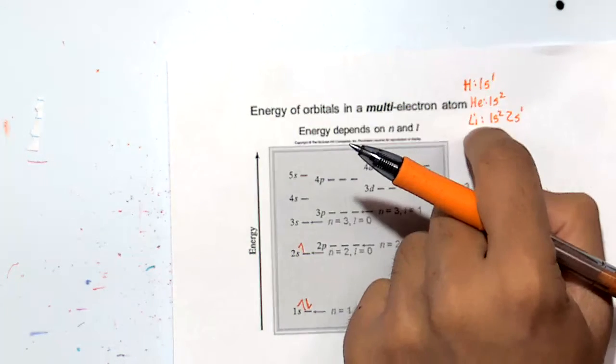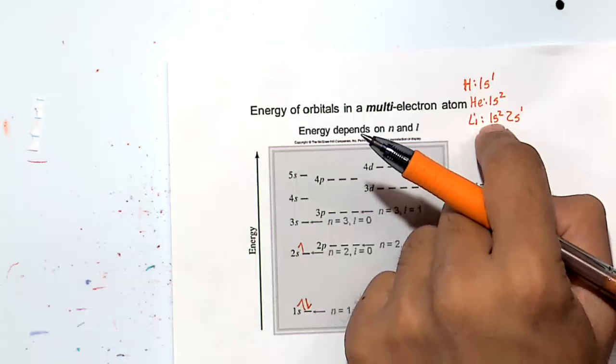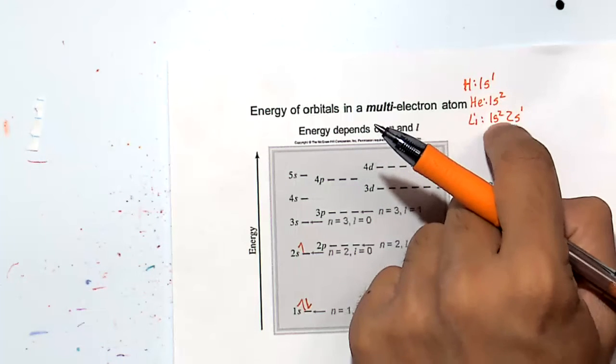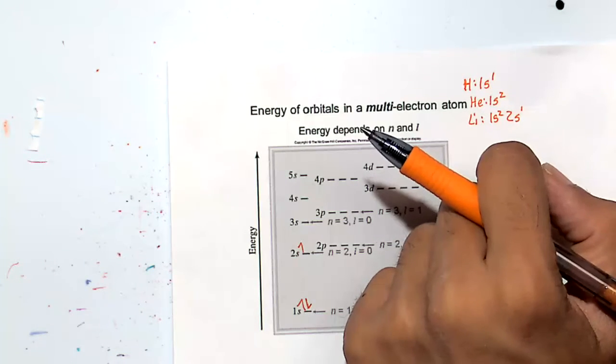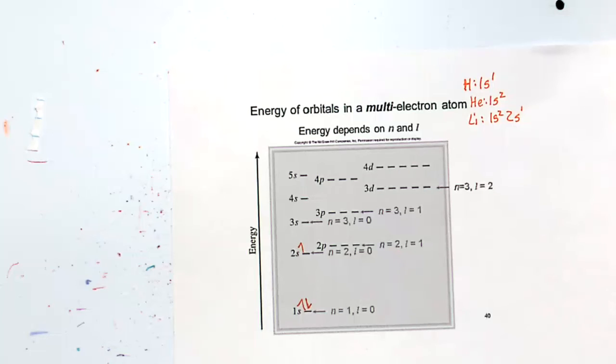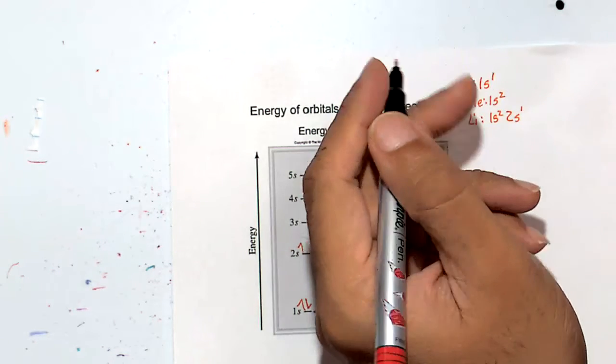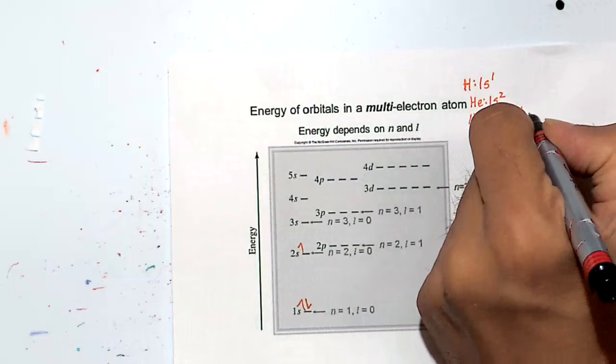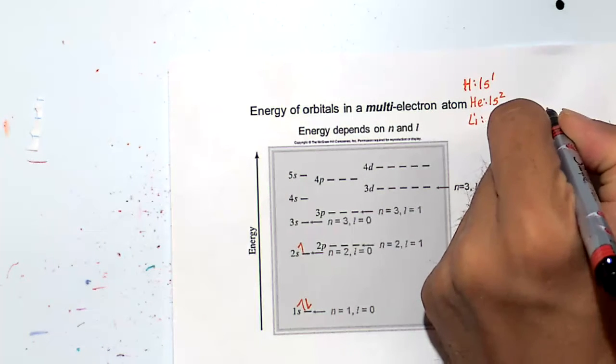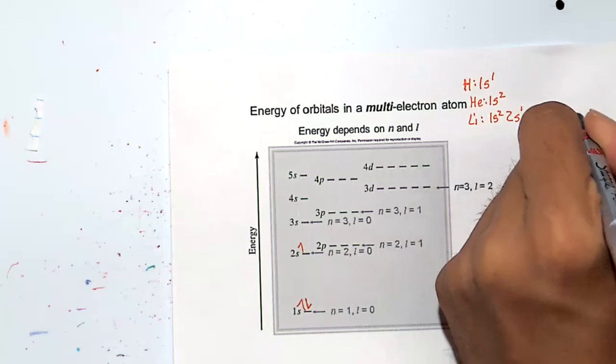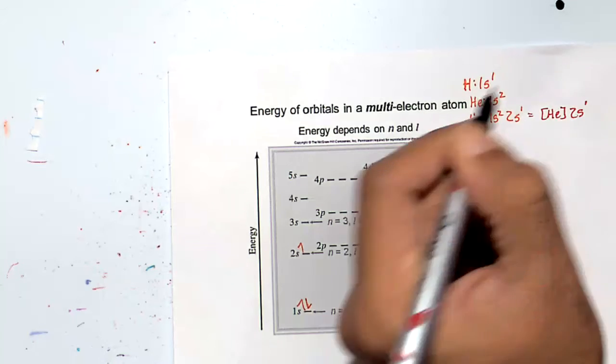By the way, what is 1s2? 1s2 is helium, right? So the electron configuration for lithium is helium 2s1.